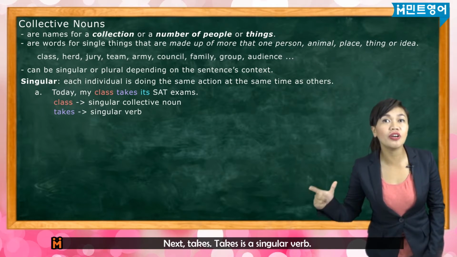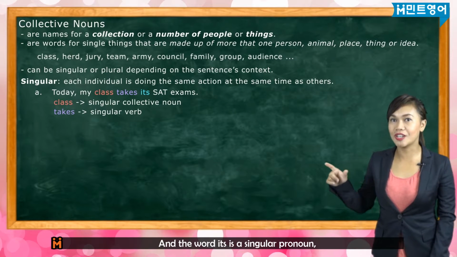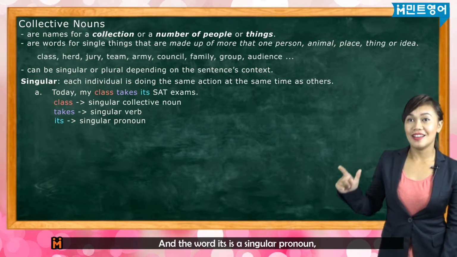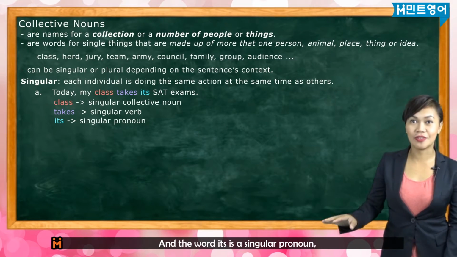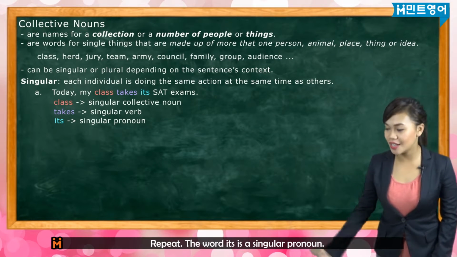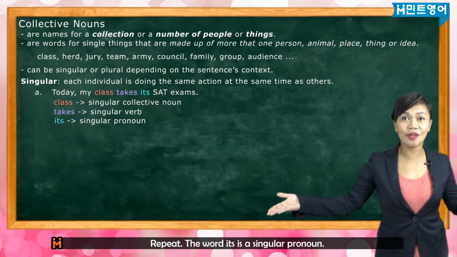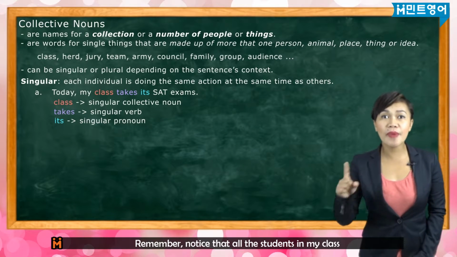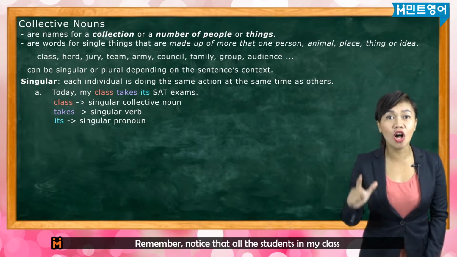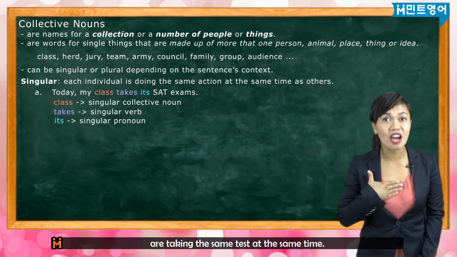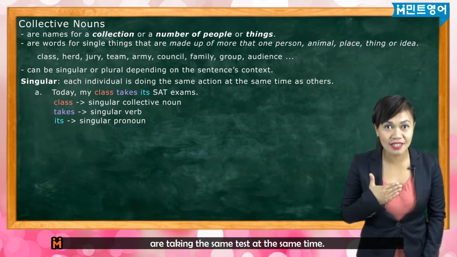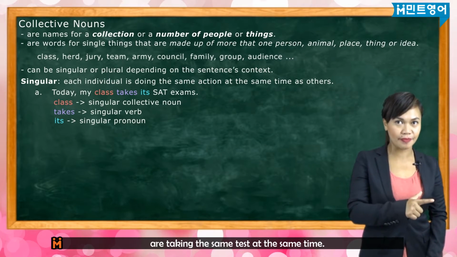Takes is a singular verb. And the word its is a singular pronoun. Remember, notice that all the students in my class are taking the same test at the same time.